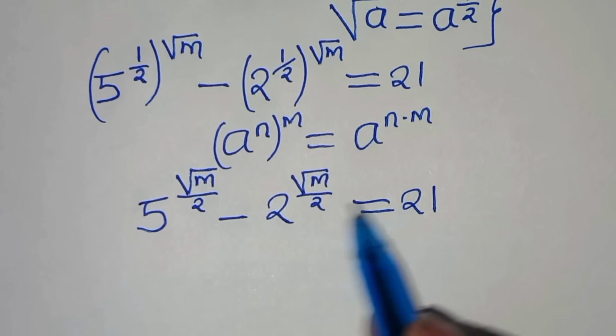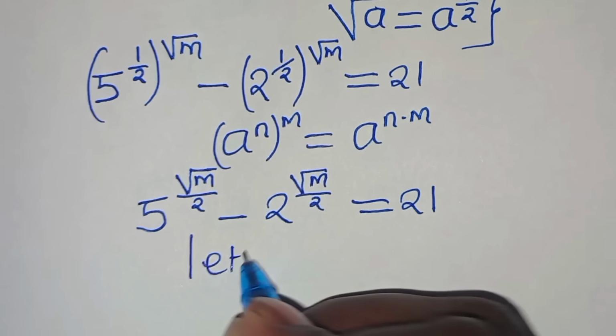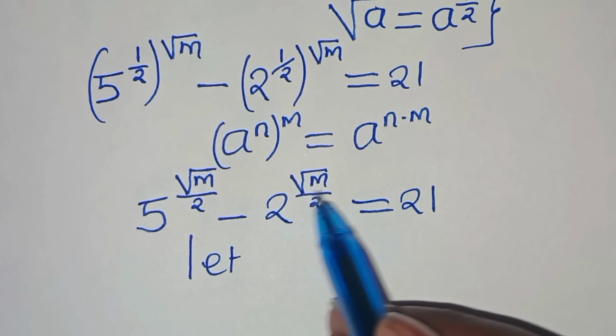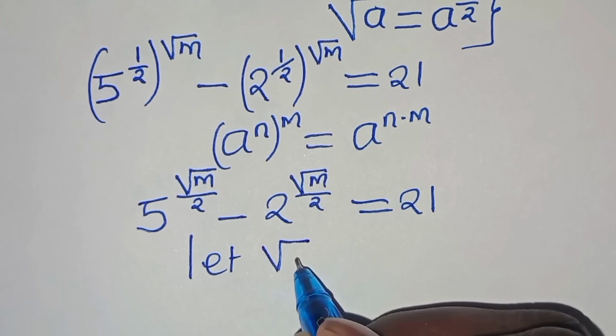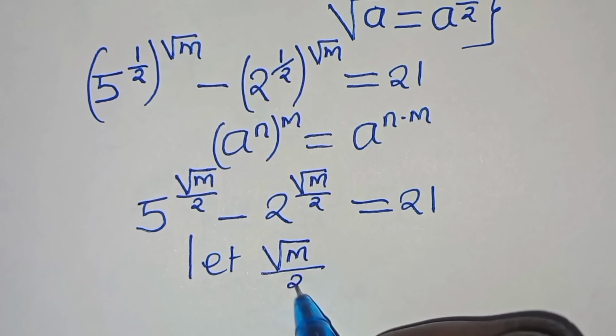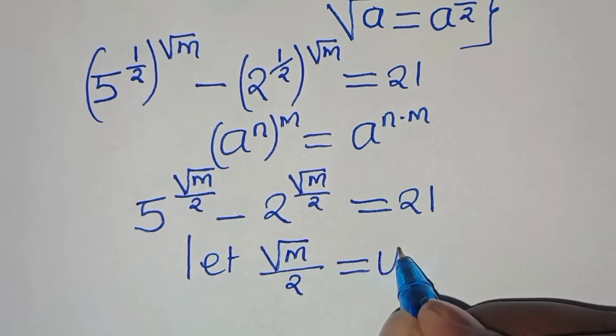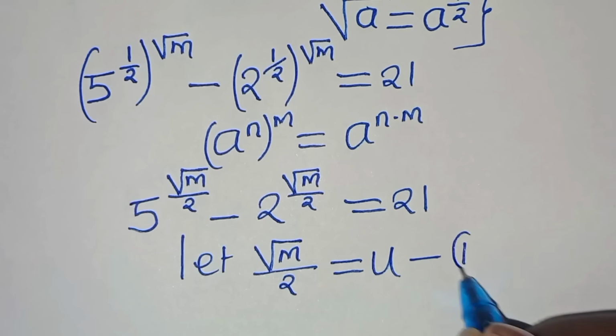Since we have square root of m over 2 in both places, we can let square root of m over 2 be equal to u. Let's call this equation 1.